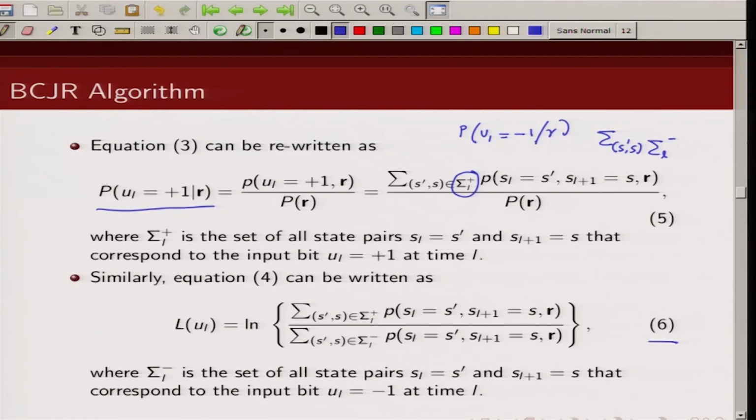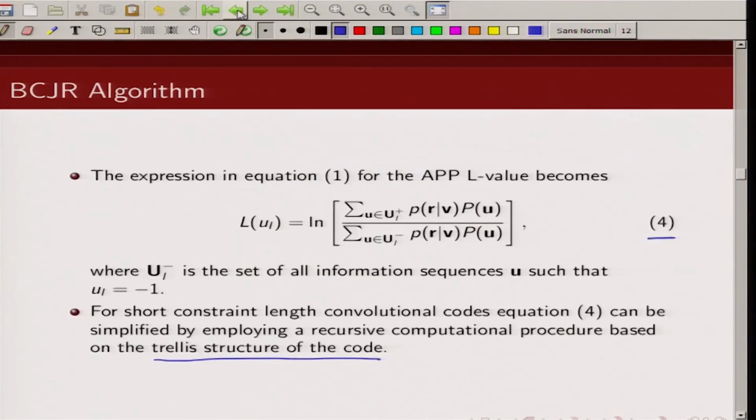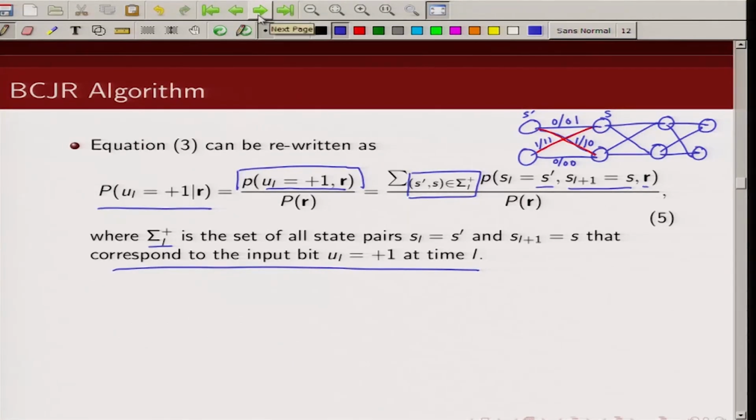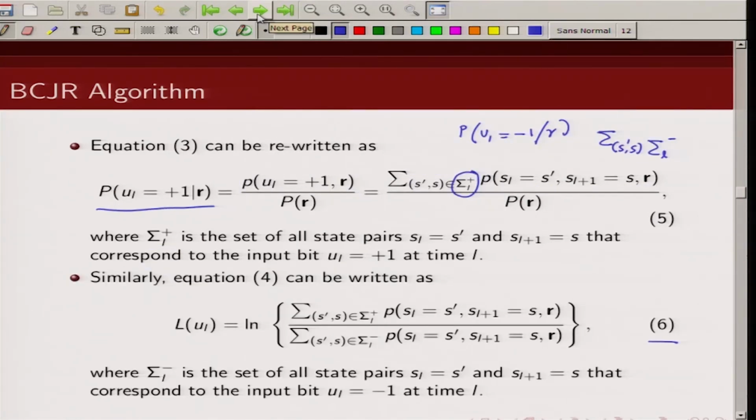Note that previously I had this same expression, equation number 4, in terms of the input sequence UL. If our input sequence is very long, this is a summation over a large number of terms, whereas I have now simplified my expression.